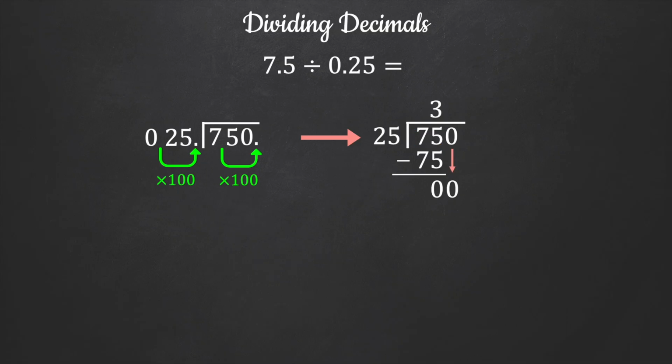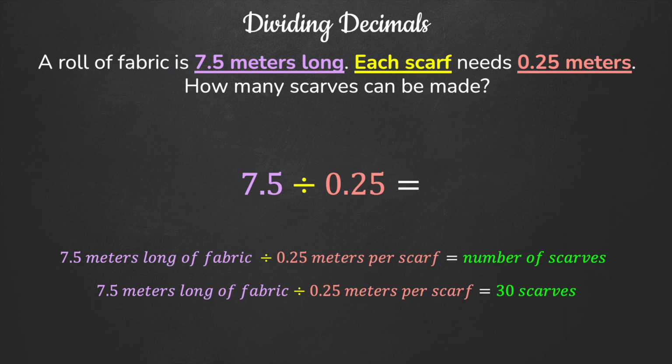We're going to bring down the 0, and then we ask ourselves, how many times could 25 go into 0? And 25 times 0 is equal to 0. So we're going to put the 0 on top and subtract by 0, and our remainder is 0. So that means that 7.5 divided by 0.25 is equal to 30. So we're able to make 30 scarves.